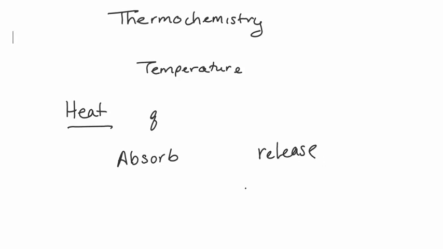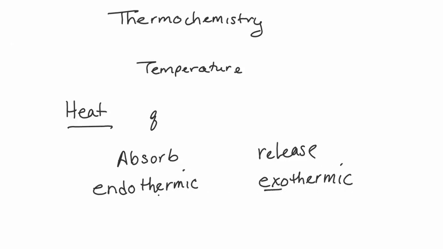When we absorb heat, we call that an endothermic process. That's something that's going to feel cold to the touch. When matter releases heat, that's called an exothermic process. Exo is outside, endo is inside. So when we release, we have an exothermic process, and that will feel warm to our touch.